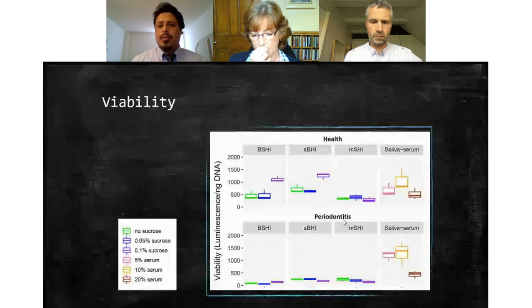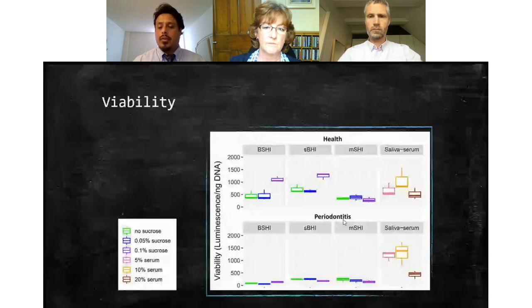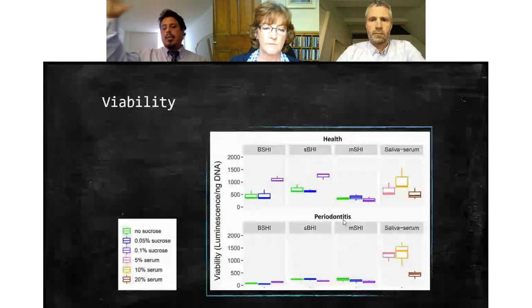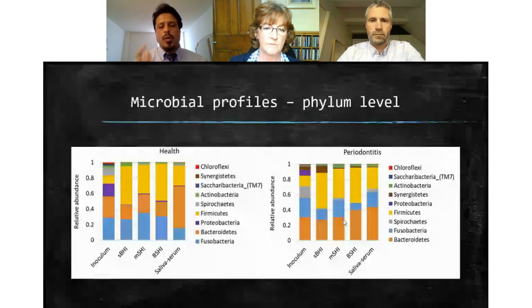I think the reason for this is that the bacteria growing in the nutrient-rich media grow really fast, so they reach their plateau and then maybe the decline phase before we even change the medium. While bacteria growing in saliva serum grow very slowly, so they don't reach the plateau before we change the medium.